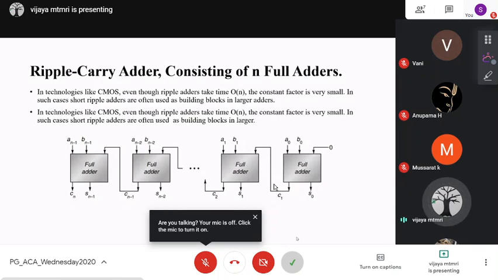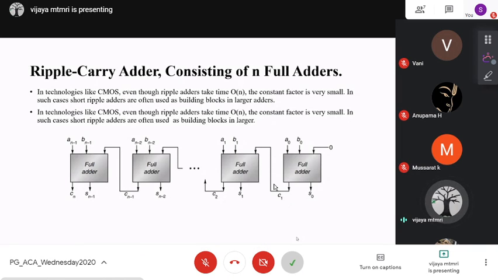And here c i plus 1 is nothing but the output of the ith adder, which is fed into the input of the next adder, the i plus 1 adder, with the lower order carry in set to 0. Since the lower order carry in is 0, the low order adder could be a half adder. Later, however, we will see that setting the low order carry in bit to 1 is useful for performing subtraction.